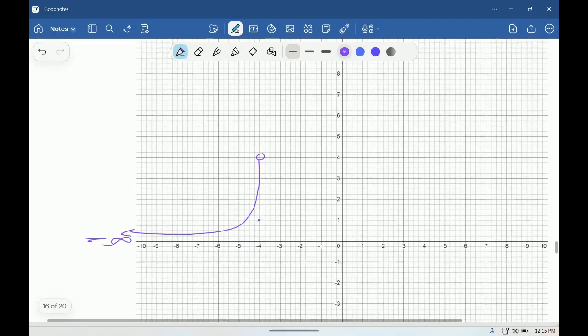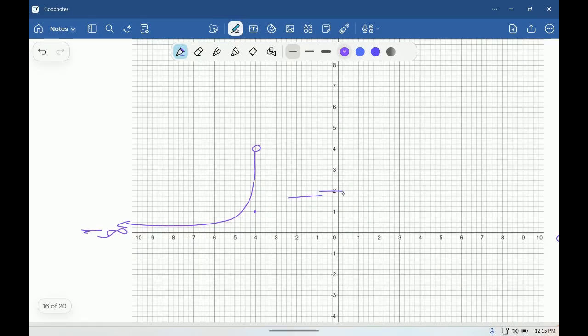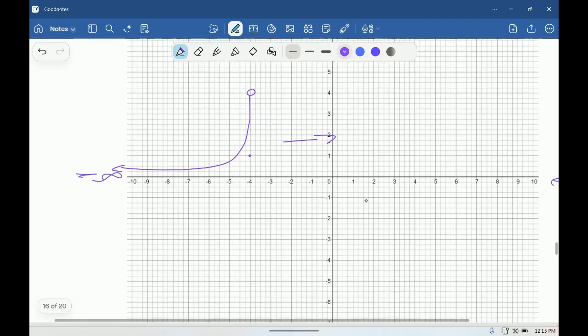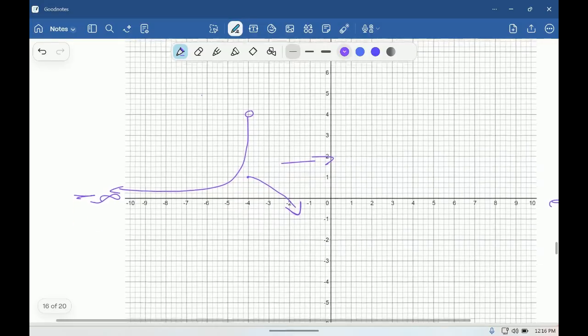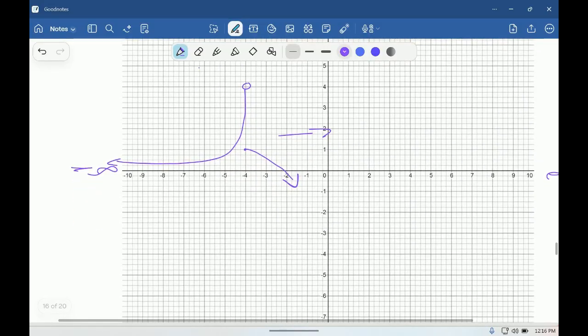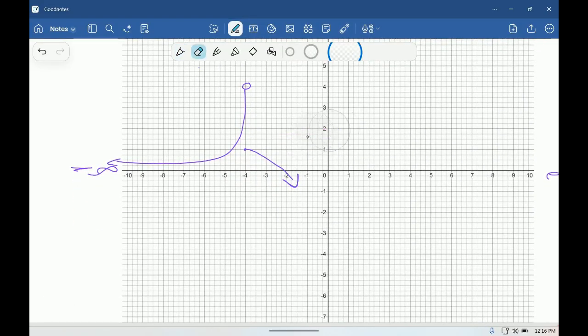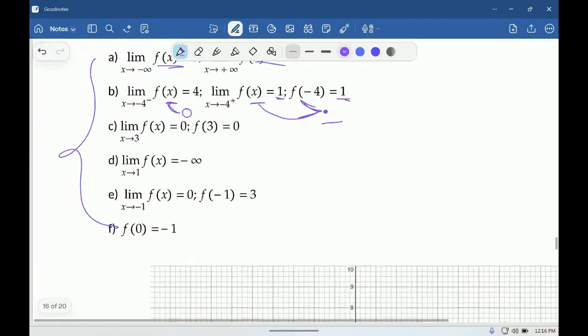And as it's going to the positive numbers, we're going to want to go downwards to negative infinity. But we're going to leave the limit here uncompleted because we have to go through the rest of the properties to determine where it's going to go down, if that makes sense.